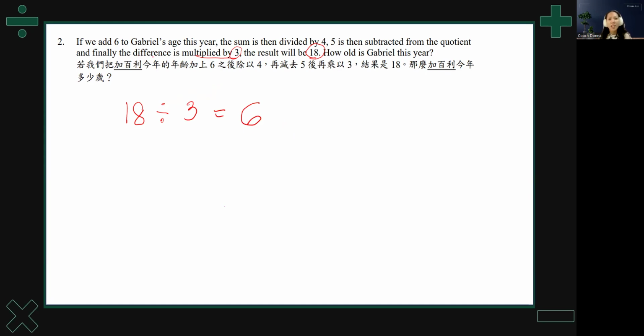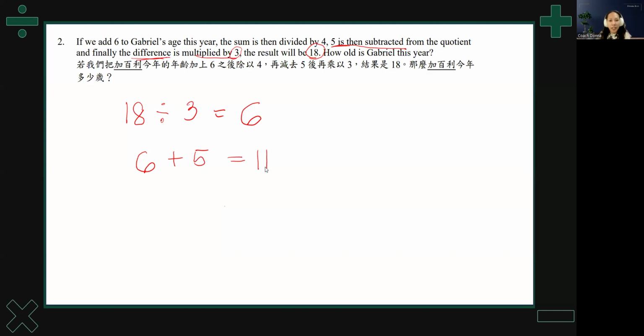So the difference, when we subtract 5, we do the opposite, that's 6 plus 5. 6 plus 5 is 11.